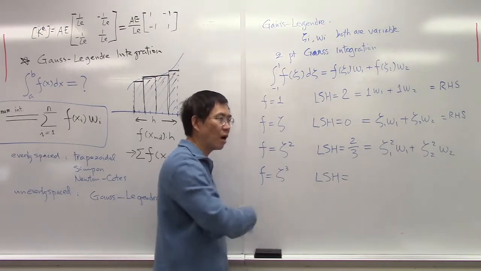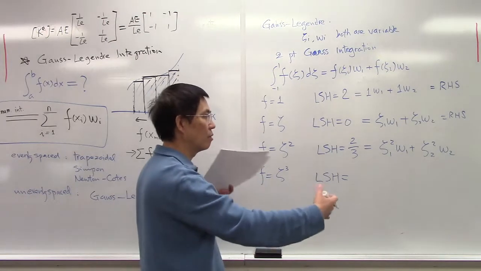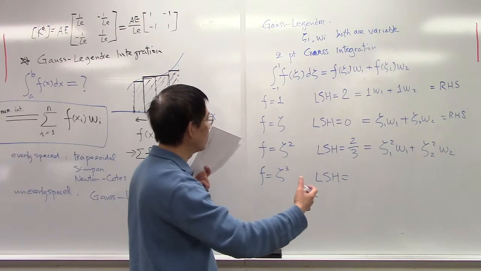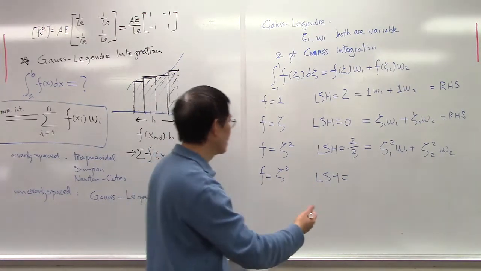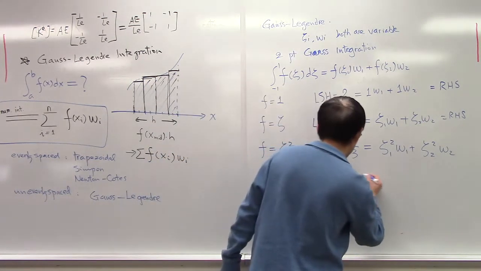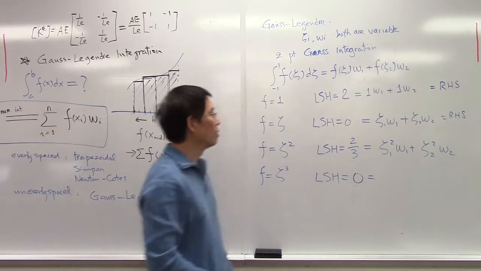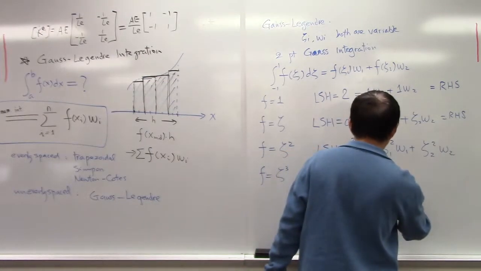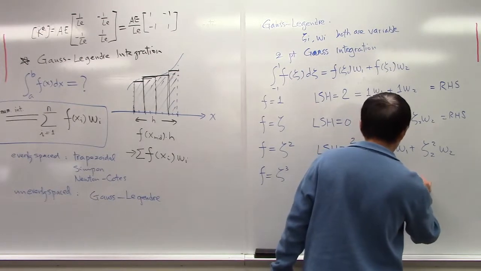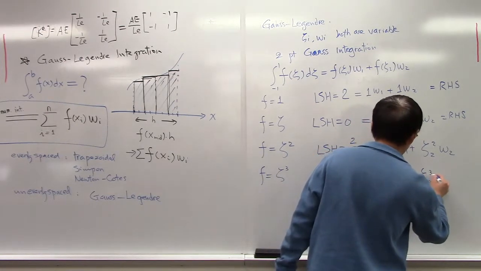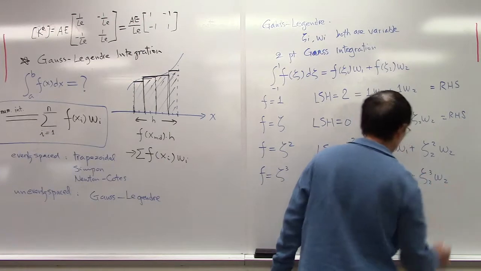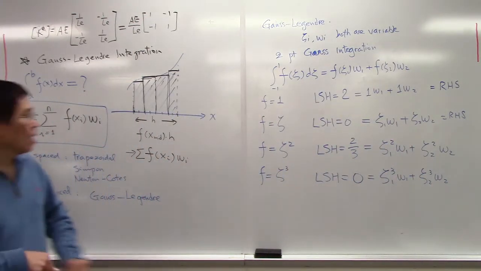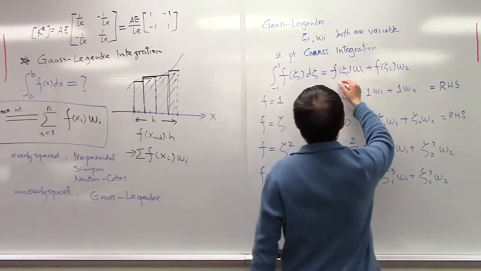When you integrate an odd function with symmetric limits, the result is equal to 0. So that's again 0. And the right-hand side becomes first one theta 1 cube times weight 1, plus theta 2 cube and W2. Alright, let me box this.